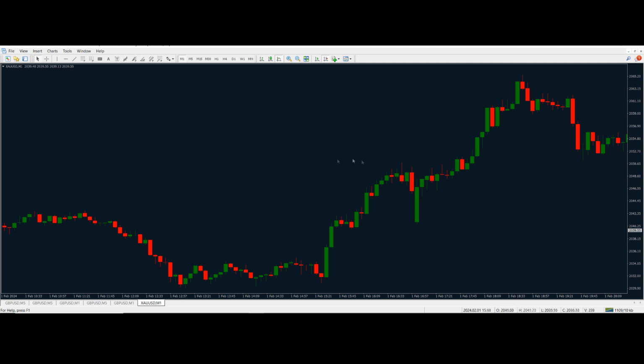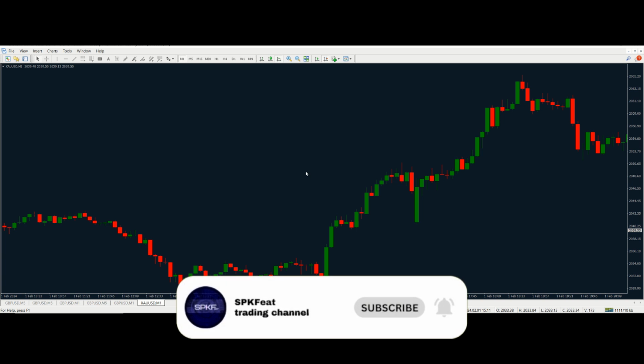Okay, so what we have here is a representation of the 5-minute candles on the 1 minute chart. I have an indicator that plots the candles. As you see, this is the 1 minute chart, and I am using an indicator that shows the 5-minute chart on a 1 minute chart.